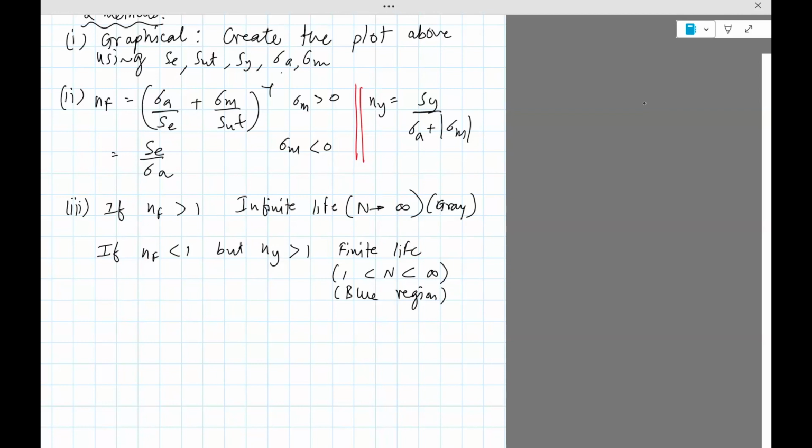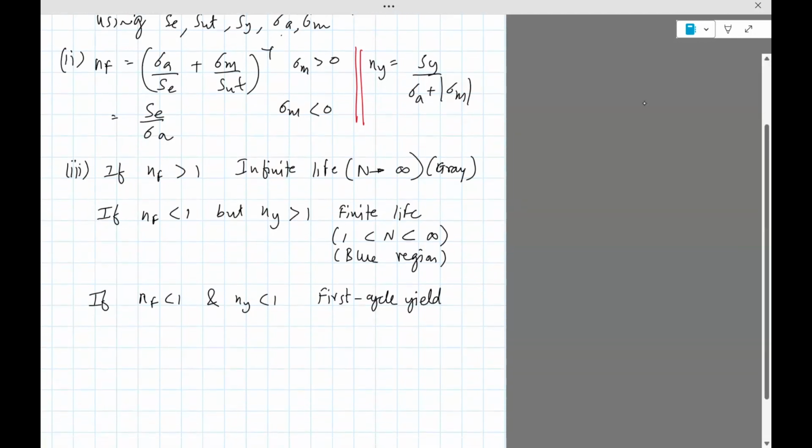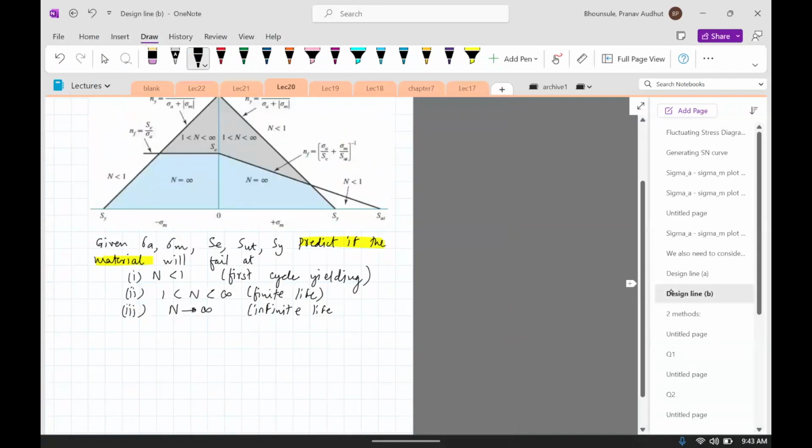And the third one is if NF is less than 1 and NY is less than 1, then this would be first cycle yield. I didn't quite draw that region, but we can draw it.